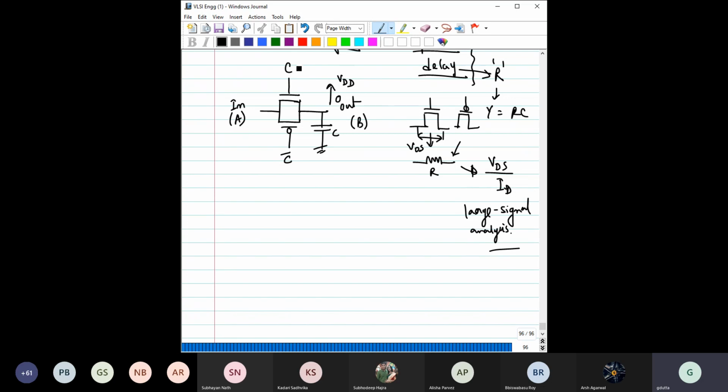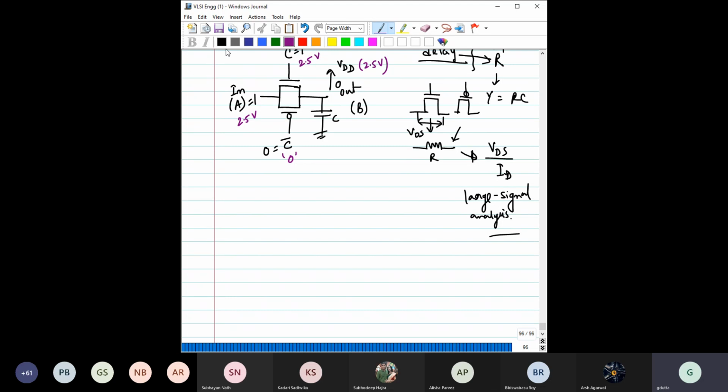We have given C equal to 1 and A equal to 1 to charge, so obviously C bar has to be equal to 0. In terms of voltage, it is say 2.5 volt, and the output has to reach 2.5 volt from 0. This is at 0 volt only.